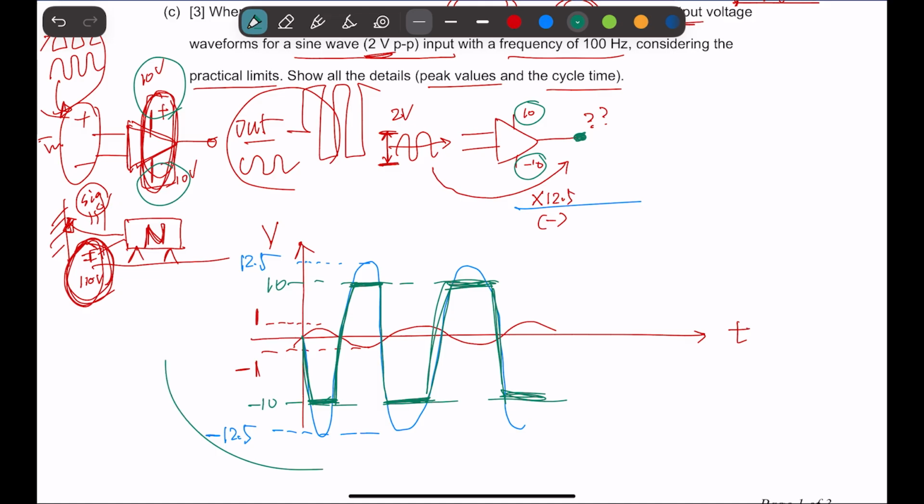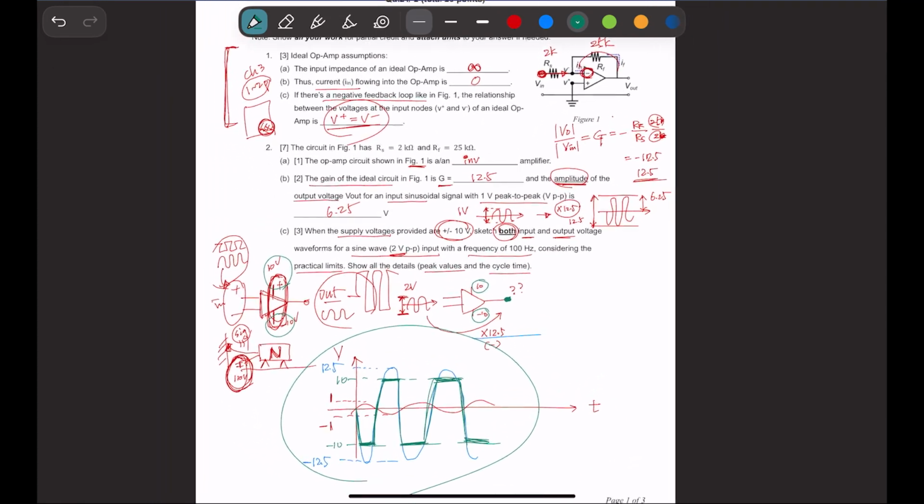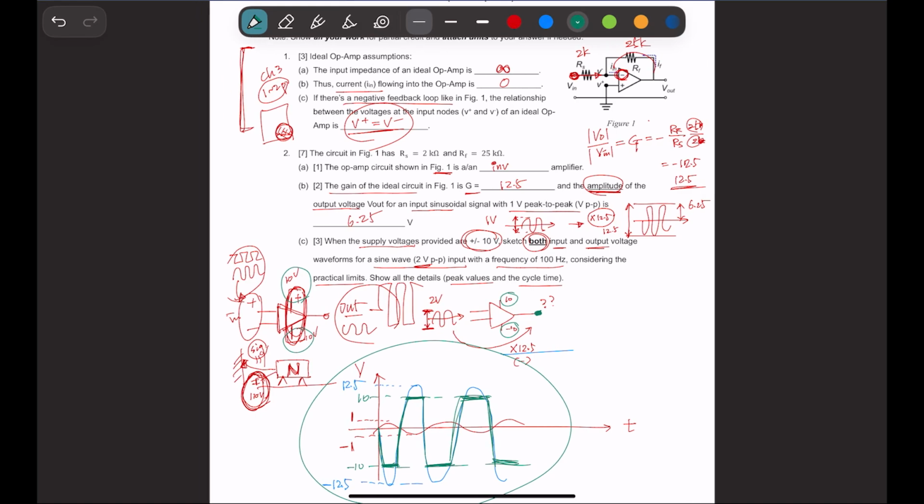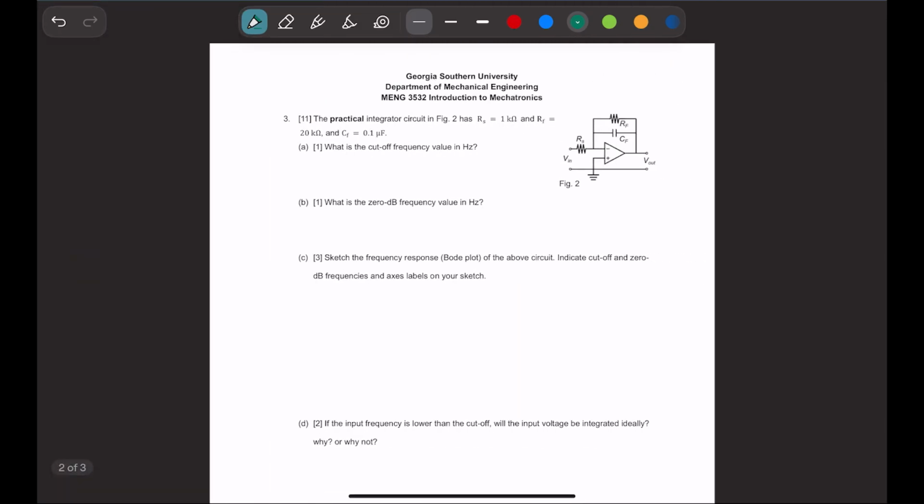And this is one of the things that we're going to be doing in the lab this week, or some of you guys already did in the other labs. All right? Okay. Any questions up to this point? Okay, if not, let's move on.